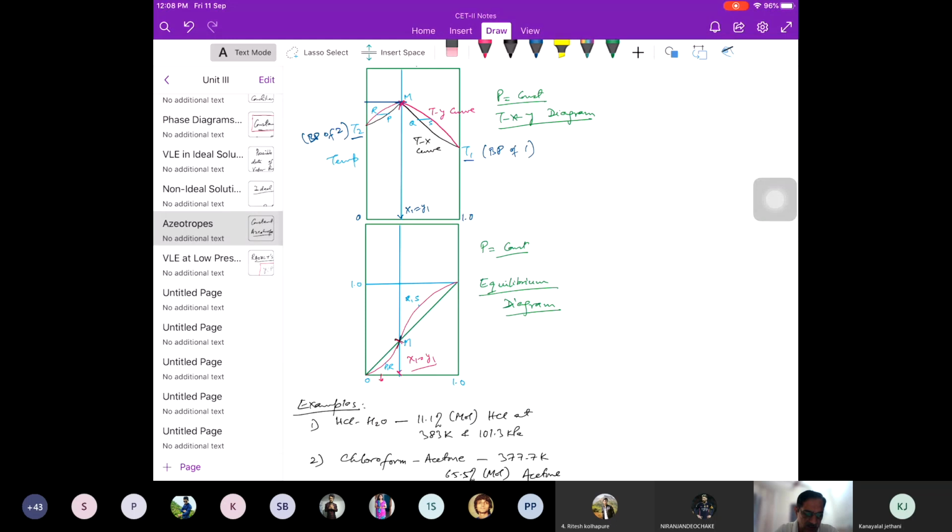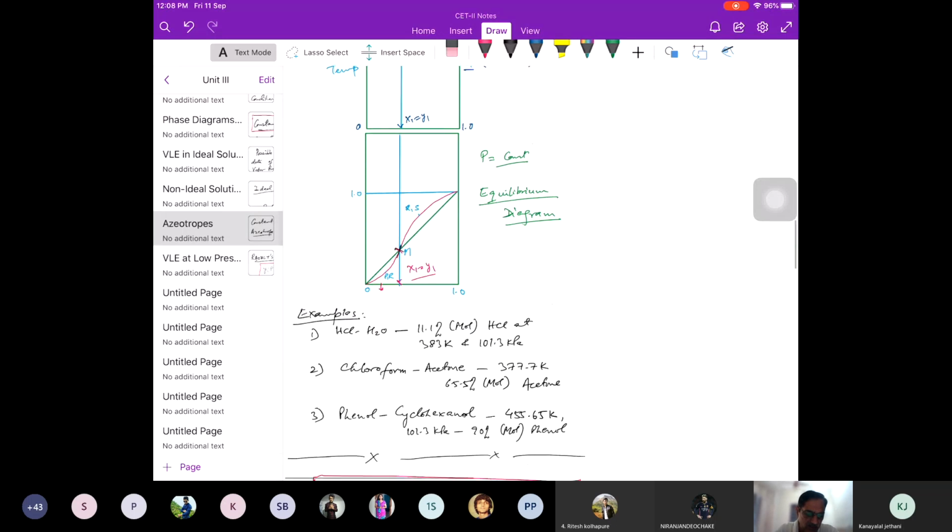Again, in this case also I'll get a maximum of that composition, and examples are chloroform acetone, HCl water, phenol cyclohexanol. I will get only this much composition by simple distillation, not more. If I want higher concentration, then I have to resort to other means, which may be azeotropic distillation, extraction, or other things, depending on the system.